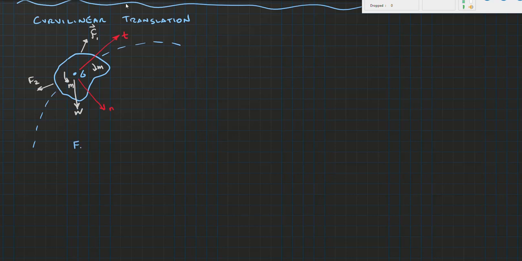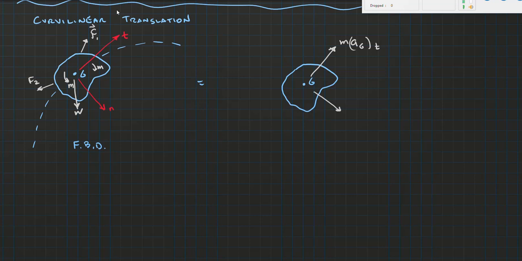So if this is our free body diagram, this would be equal to, here we would have a mass times the tangential acceleration, and this would really be the acceleration of g that we'd look at tangentially, and then likewise mass times the acceleration of g normal.